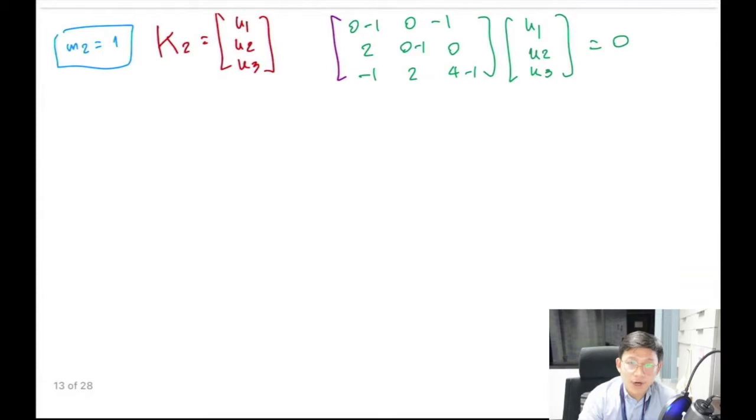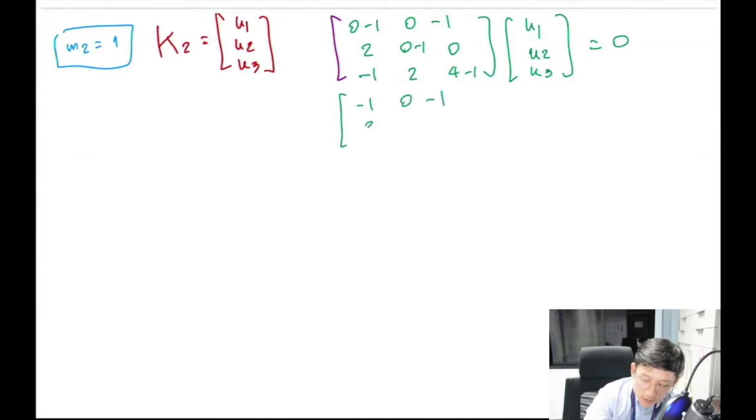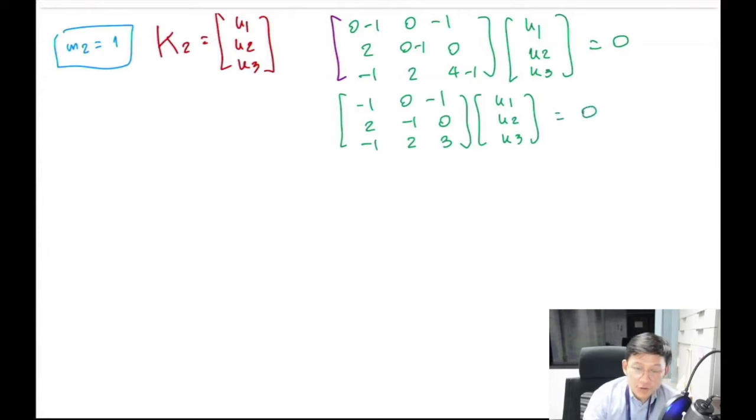And that is for m2, to find K2 in order to get x2. See, it's pretty simple. You get the eigenvalues m1, m2, m3, and then you find the eigenvectors, and then you find x1, x2, x3. So right now it would be minus 1, 0, minus 1, 2, minus 1, 0, minus 1, 2, 3, and you get k1, k2, k3 equals 0.